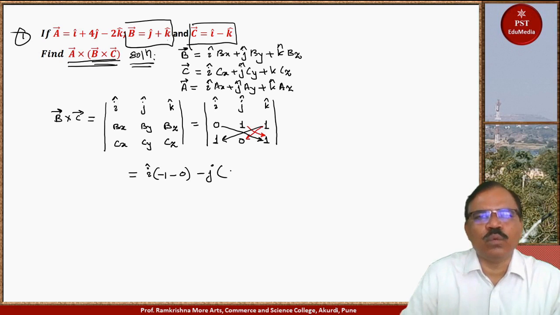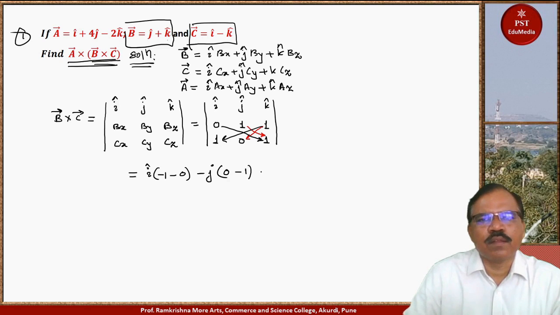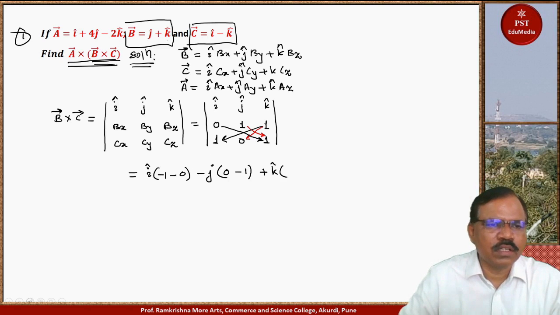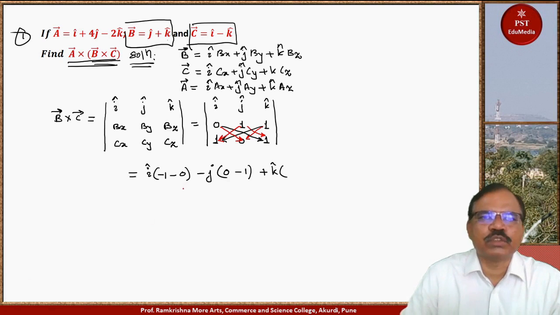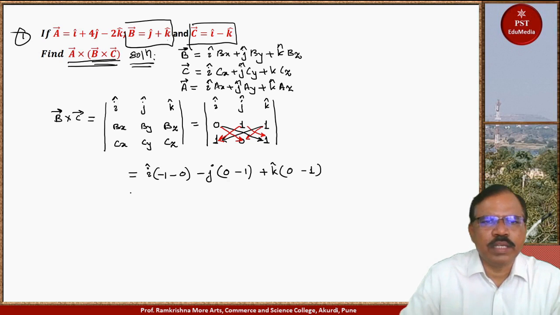So 0 into 1, that is 0, minus 1 into 1, that is 1, plus k multiplied by this into this minus this into this. So here we get 0 into 0, that is 0, and 1 into 1, that is minus 1. So we get here minus I minus j minus k. This is B cross C.